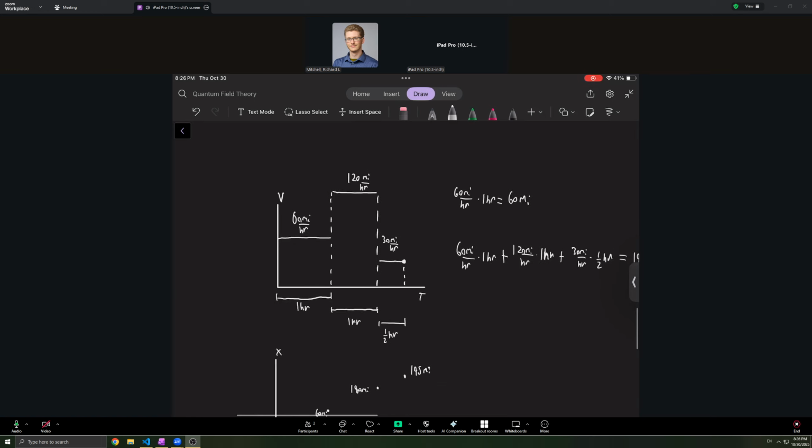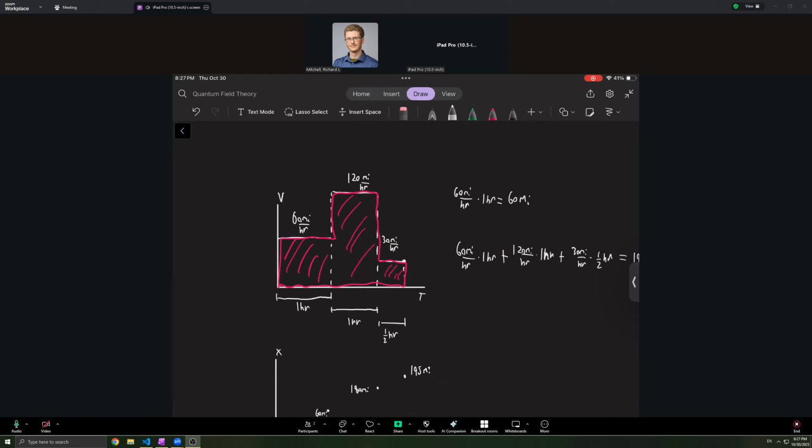But you see here, that's exactly what you would do if you wanted to find the area of this shape here. Well, it's just the area of this rectangle plus the area of that rectangle plus the area of that rectangle.